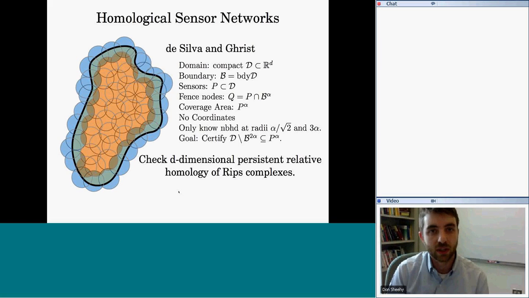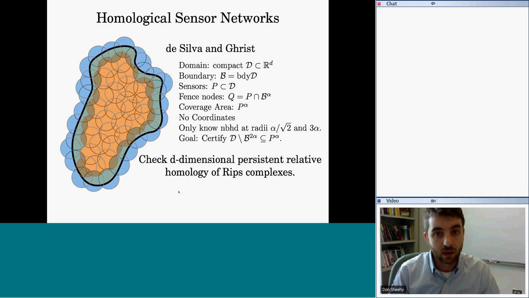If you're familiar with the original work on homological sensor networks, you may recall that there's a bunch of different radii. There's the strong coverage radius, the weak coverage radius, and the fence radius. There's many of these radii, but we're just going to have one parameter, alpha, and it's going to be the radius of these balls that we're looking at.